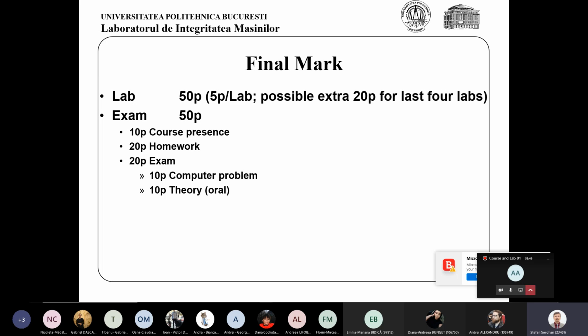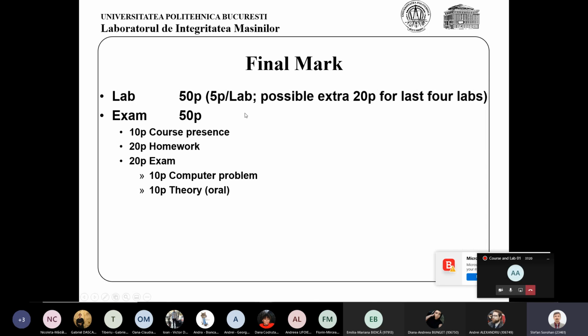So that means each lab means 5 points, and the last 4 labs will be more difficult because in the last 4 we must use the MATLAB code and also the ANSYS code to solve the same problem, and only some students want to use ANSYS or learn something about ANSYS.